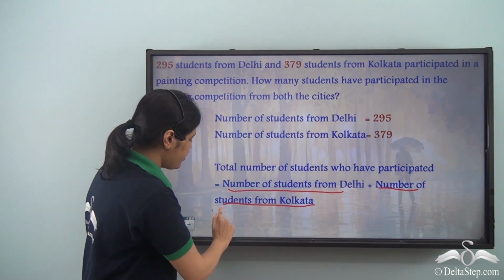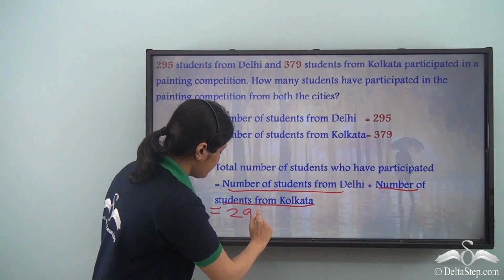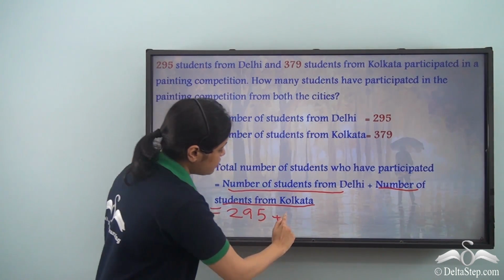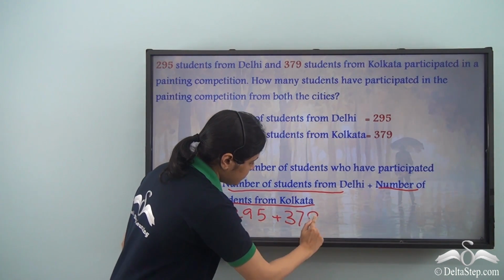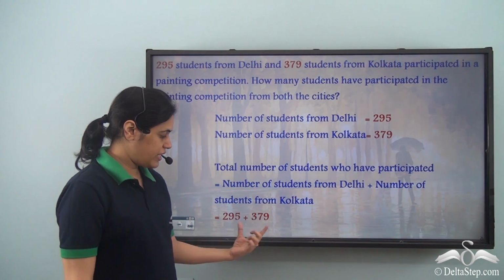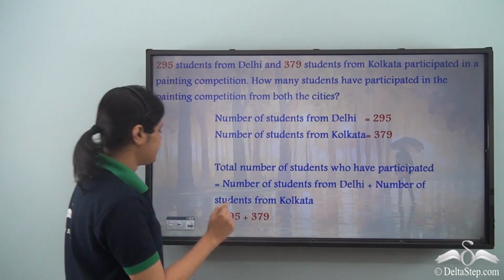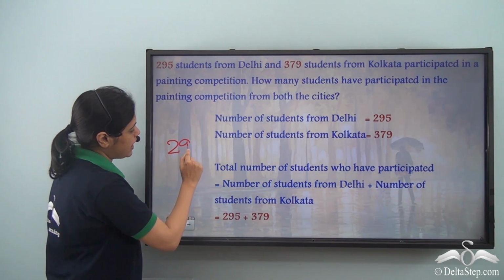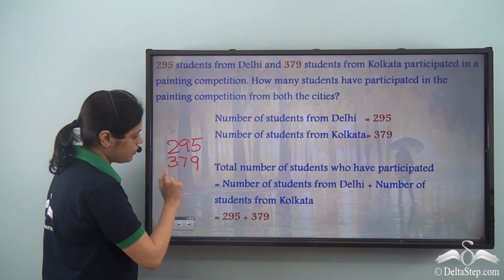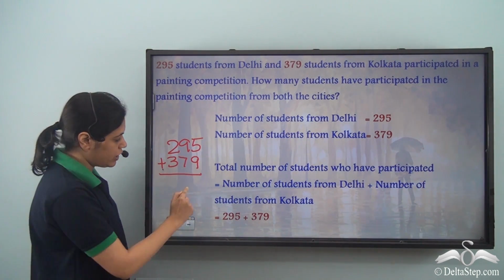Now this number is given to us as 295 and this number is given to us as 379. So this is what we have, 295 plus 379. Now let's add these. What is 5 plus 9? 14.